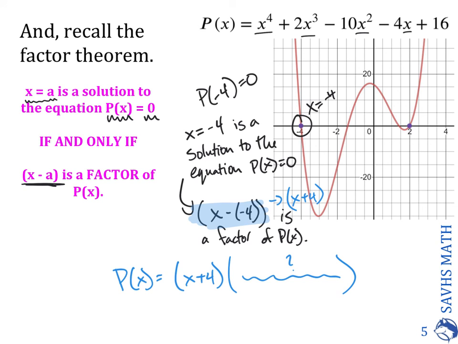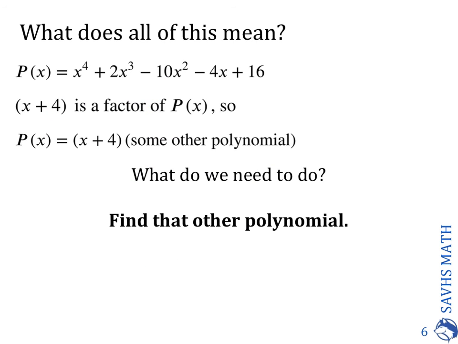The something else is the thing that we need to figure out. But now this starts to look like one of those multiplication problems that we just finished. And so if we can use our sort of multiplication process only sort of backwards, then we can figure out what goes in this scribble right here. What does all of this mean?